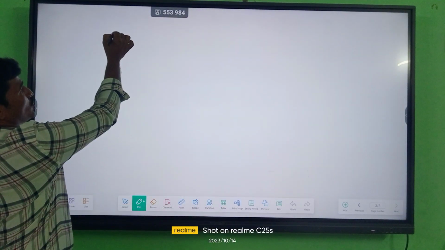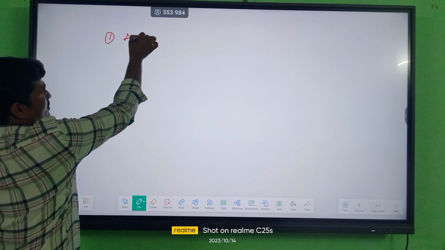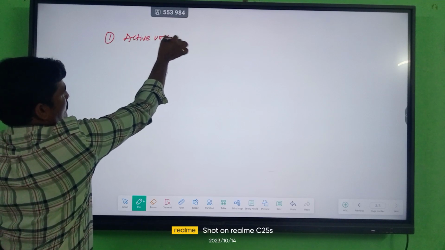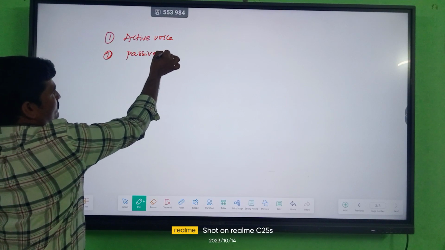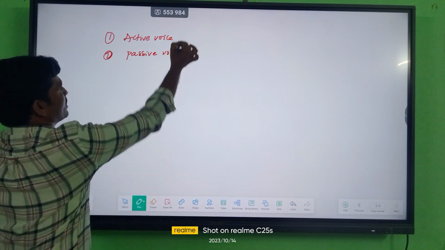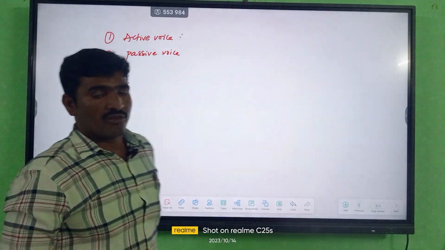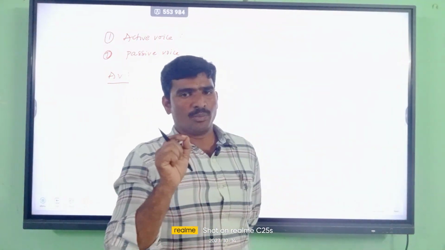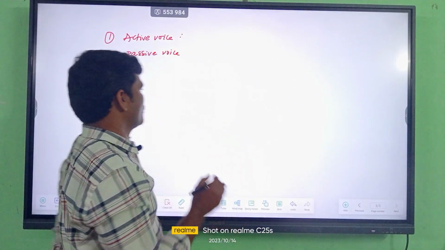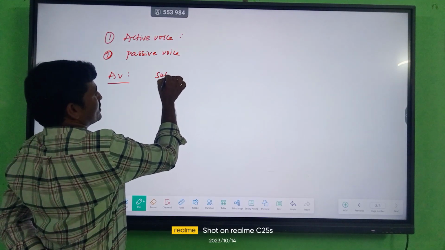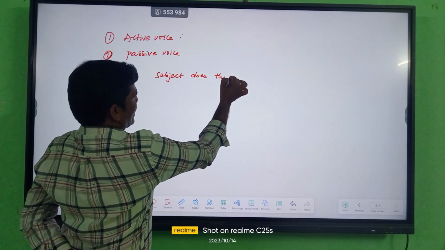Next, go to another page. There are two types of voice. One is active voice. Second one is passive voice. Definition of active voice: a verb is in the active voice when the person or thing denoted by the subject does the action, which means the subject does the action.